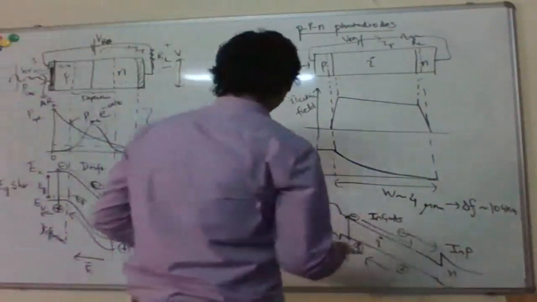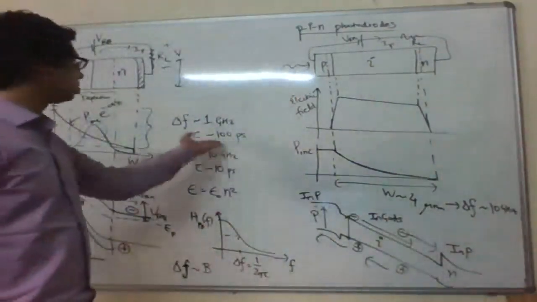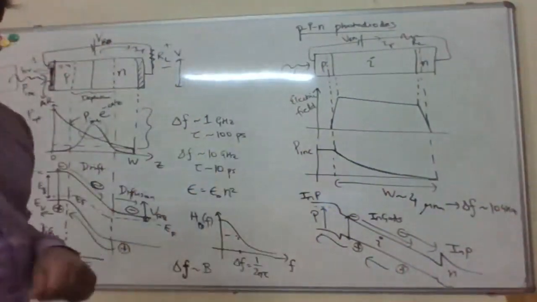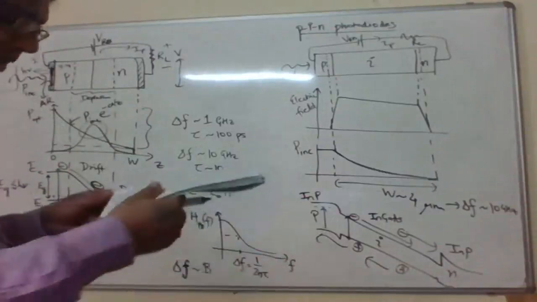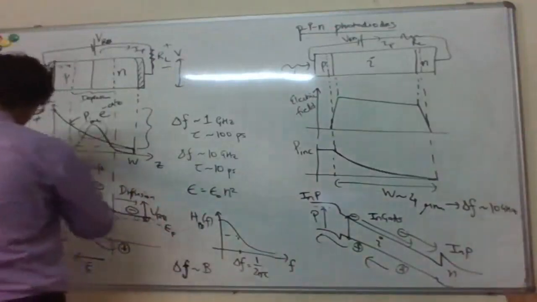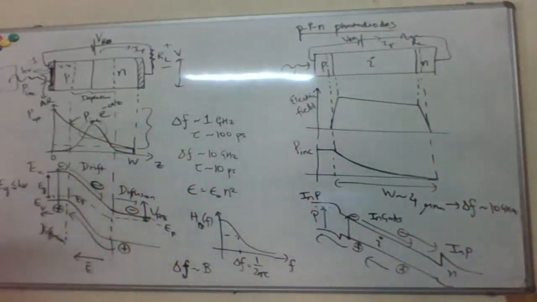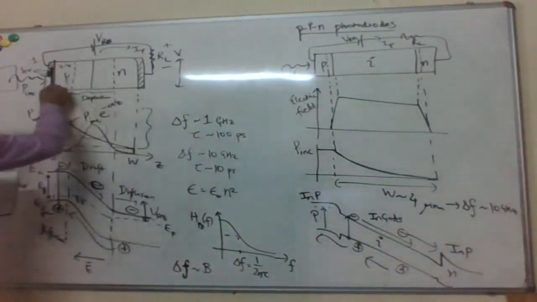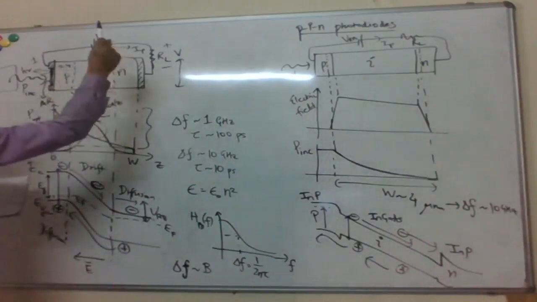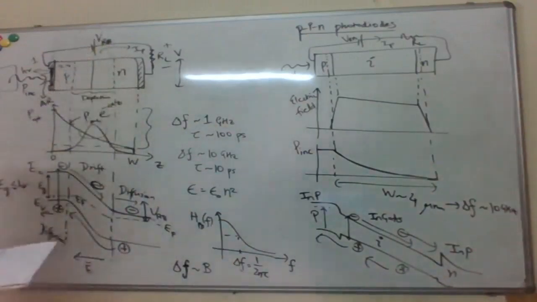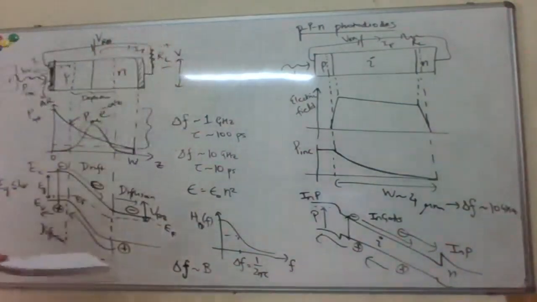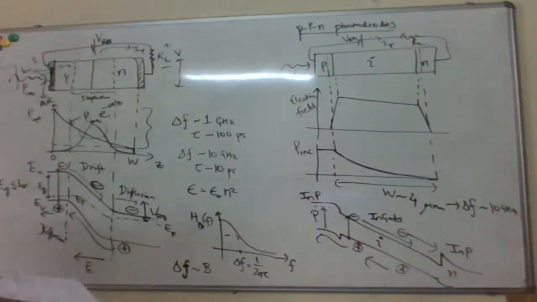And so people have, as I said, demonstrated photodetectors working up to, let's say, 100 gigahertz, with efficiency, let's say, between 50% to 80%. Okay, and so typically we see here the typical width of the device is a few microns. The reverse bias voltage applied is typically around 5 volts or so. Right, load resistance used here is between 50 ohms all the way up to maybe 10 kilo ohms or sometimes even higher.